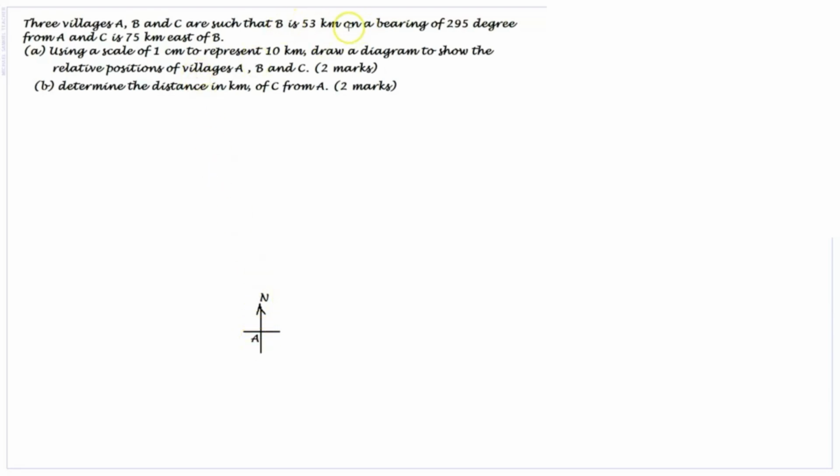Therefore, B is on a bearing of 295 degrees. Remember we measure true bearing through the compass from the north in a clockwise direction, and therefore it will be on this side. So from the north it will be 360 minus 295, that is 65.